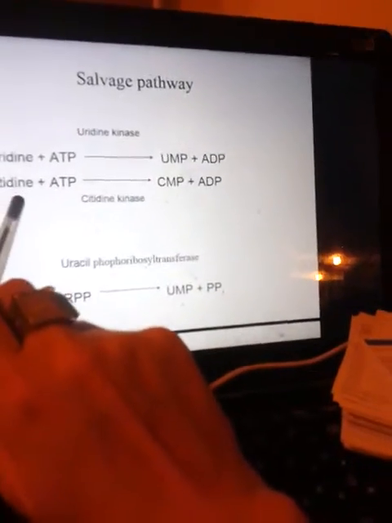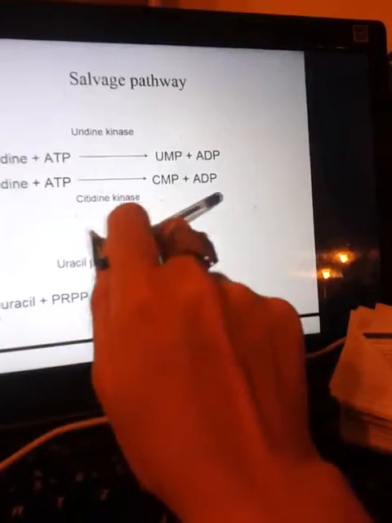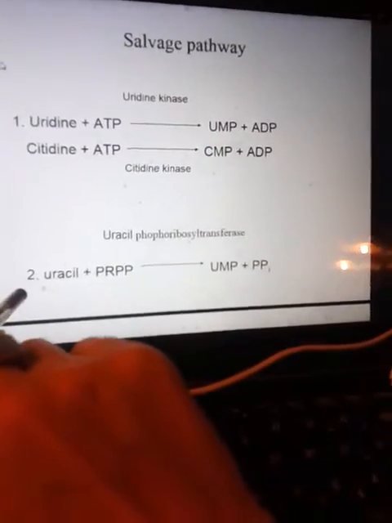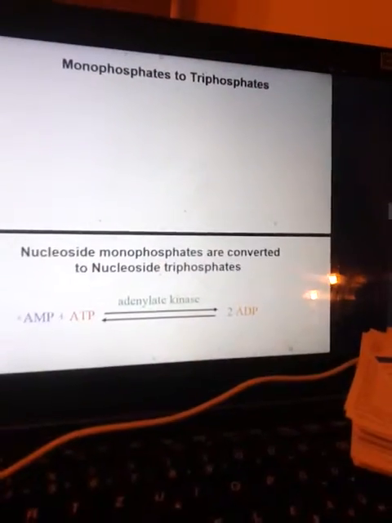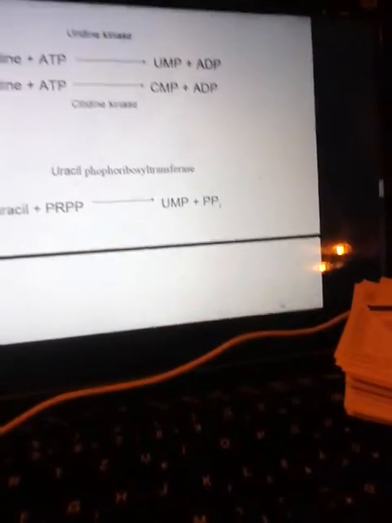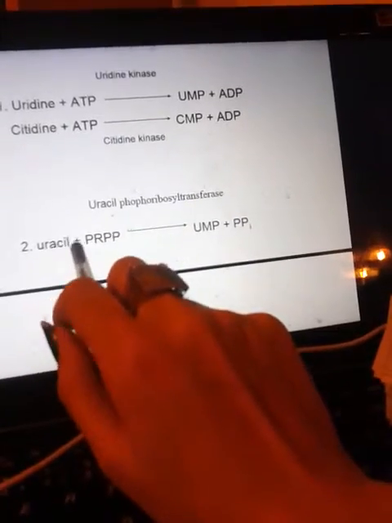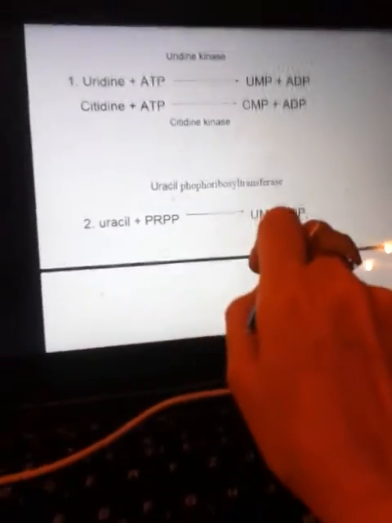The cytidine, by cytidine kinase, produces CMP and ADP in the salvage pathway. That's the first reaction. The second type is uracil phosphoribosyl transferase: uracil plus PRPP produces UMP plus PPi.